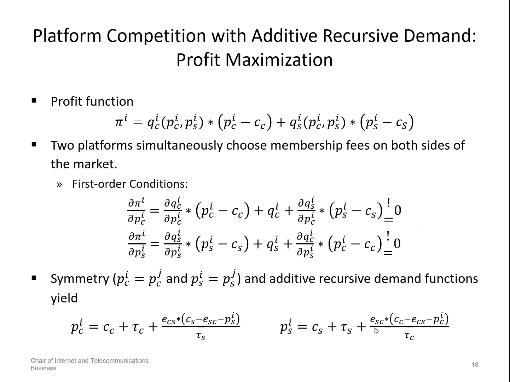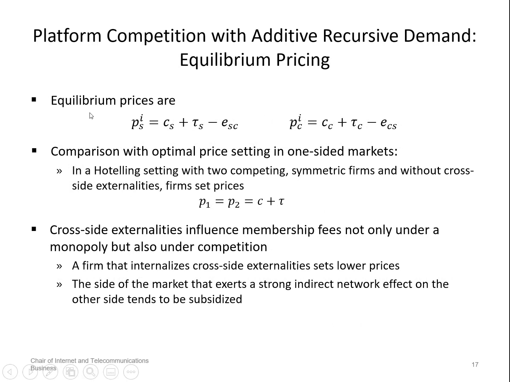Solving these two simultaneously, we get the equilibrium prices. The price to suppliers is the transportation cost, plus the cost of selling to suppliers, minus the value that each supplier offers to consumers. Similarly, the price to consumers is the standard transportation cost plus the cost of servicing consumers minus the value each consumer provides to suppliers.